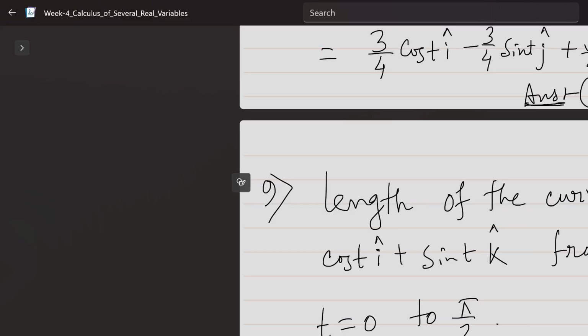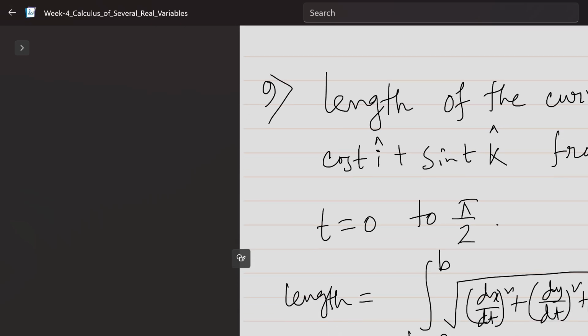Some integral formula is there. I am not deriving. It is t equal to a to b, a general formula: square root of dx/dt squared plus dy/dt squared. Okay, this is fine. This is the length from a to b.